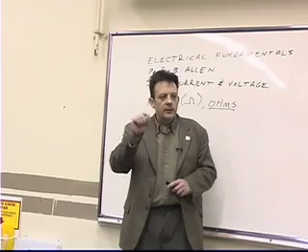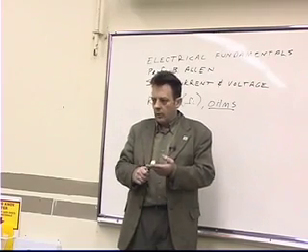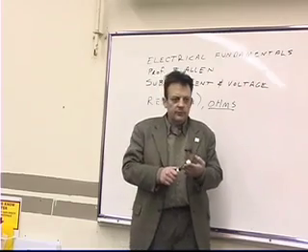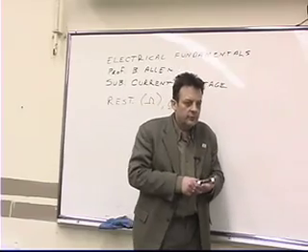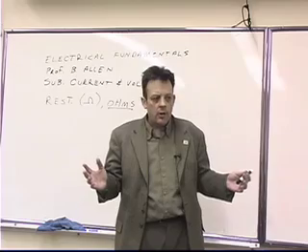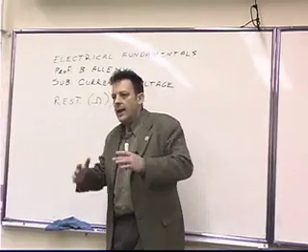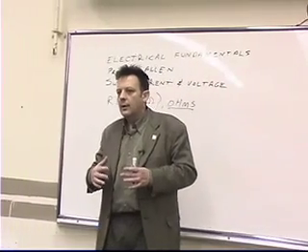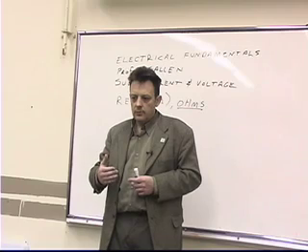Depending on what is in the electrical circuit, is it a resistor? Is it parallel resistors? Is it series resistors? Are there inductors? Are there capacitors? Are there semiconductor devices? The list goes on and on. But depending on what is in the circuit and how it's wired together, the opposition to current flow is going to change.